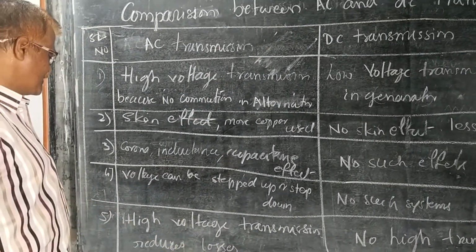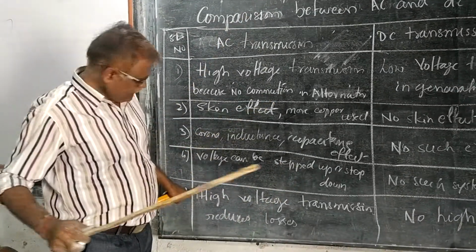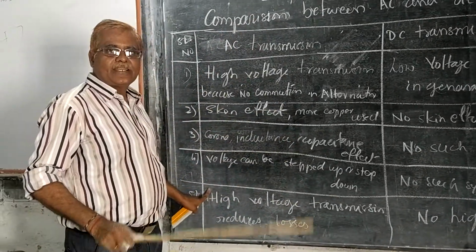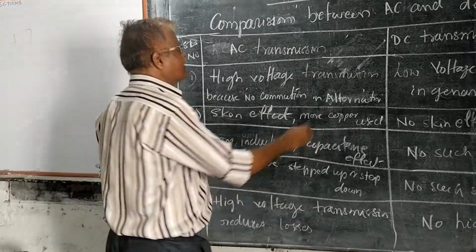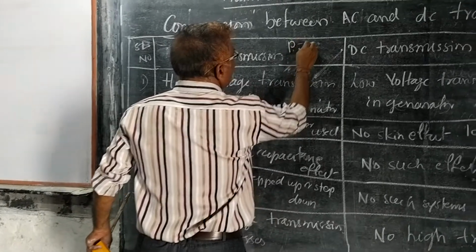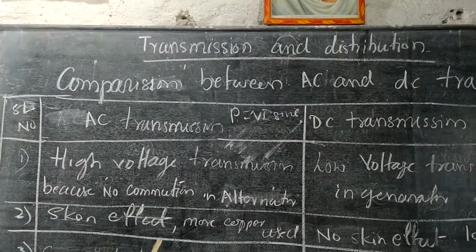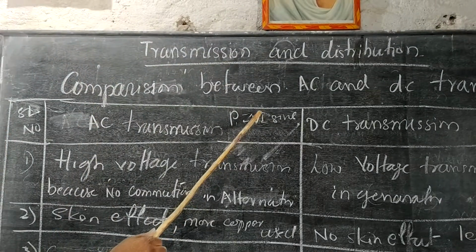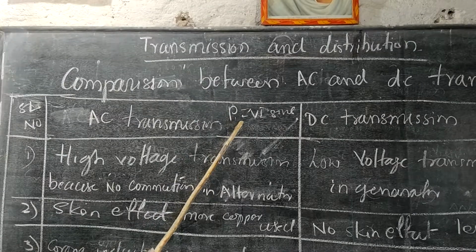How does it reduce the losses? When the voltage increases to a higher value, the current decreases. You know that P is equal to V into I into cos theta. If the voltage increases, the current decreases, and automatically the power loss in the transmission lines is reduced.